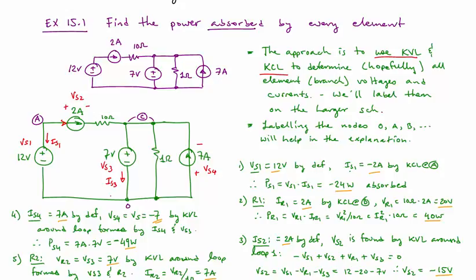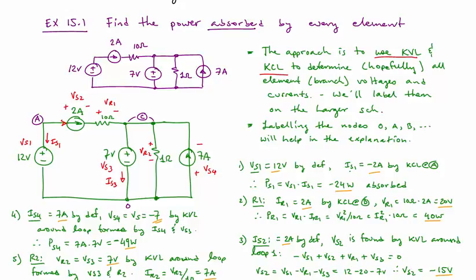Now we need to label the resistor voltage, say VR1 and VR2 right here, and I think I have everything labeled now. So next we want to start trying to solve for or identify all of the voltages and currents.